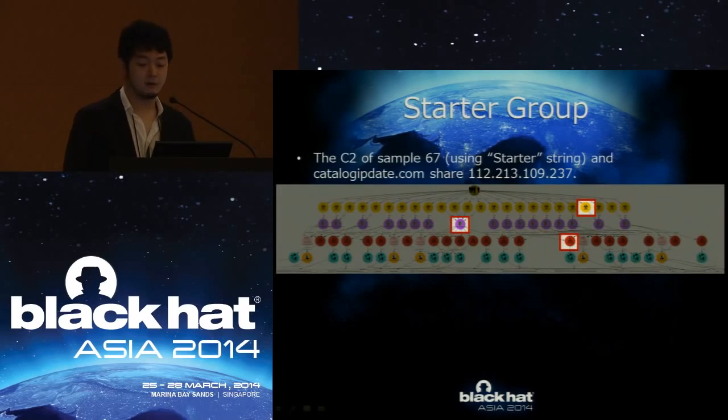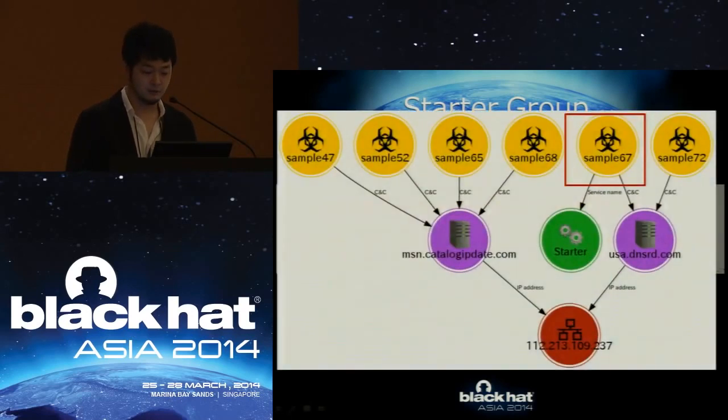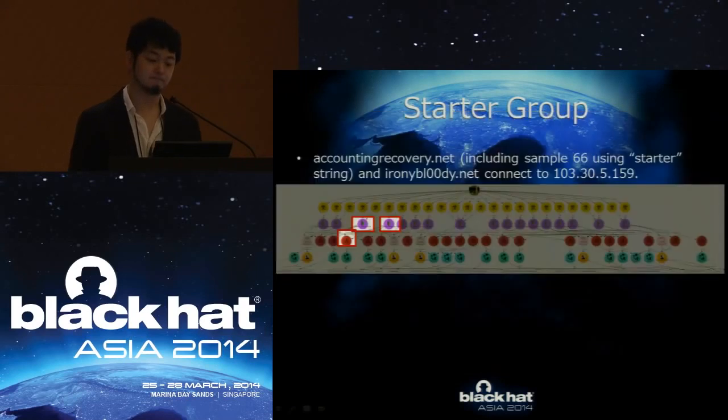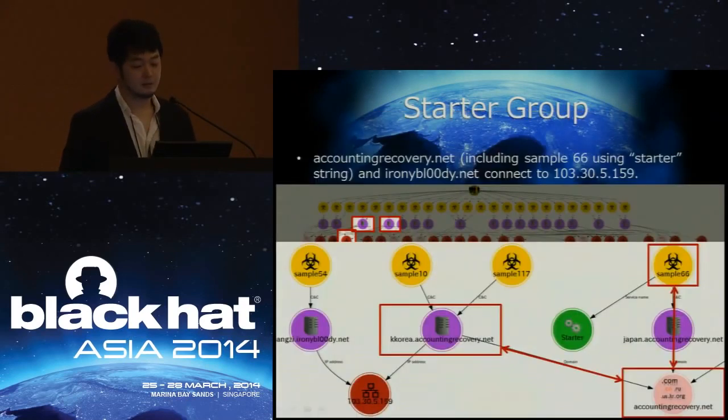The CNC server of sample 67, whose service name is starter, and MSN catalogipdate.com is a CNC server of some samples that share the IP address, this address. And next, accountingrecovery.net is shared by some samples.